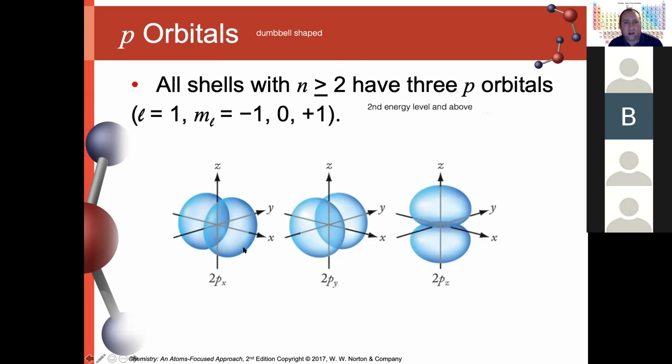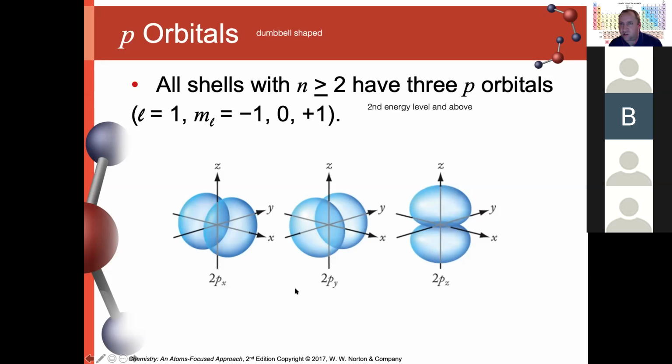And there are 3 of them. They're each oriented along one of the Cartesian coordinate axes. So the p sub x orbital is aligned on the x-axis. The p sub y orbital is aligned on the y-axis. The p sub z orbital is aligned on the z-axis.